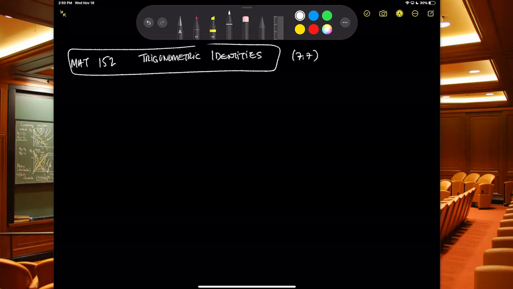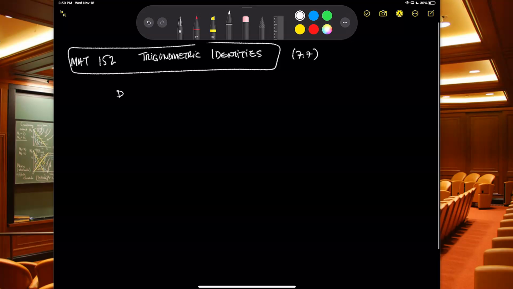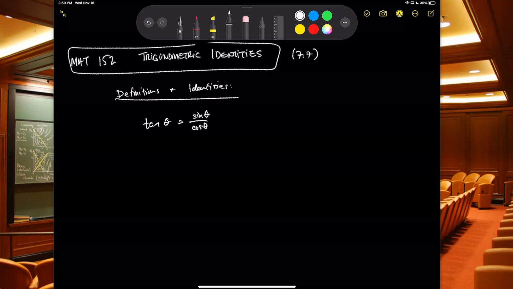Okay, so let's jot up some of the definitions and identities we had just seen graphically. So we said that tangent of theta is equal to sine of theta over cosine theta. We know that cotangent of theta is really equal to 1 over the tangent, the reciprocal of tangent.